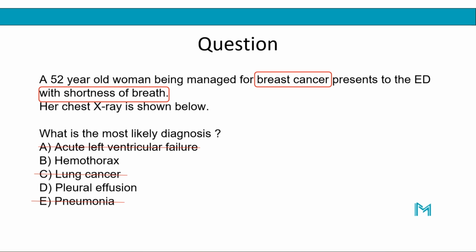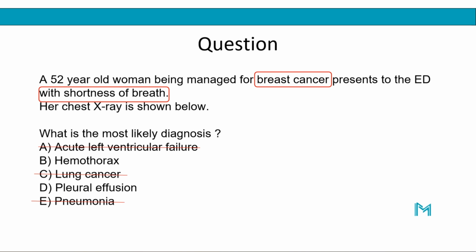Something must have disrupted a blood vessel to cause blood bleeding into the thoracic space. We haven't been given any evidence of trauma. If this patient came in after a road traffic accident, then we'd be leaning more towards that. But this is a patient we've been told has some chronic condition going on. We haven't been told of any history of trauma in the stem of the question.